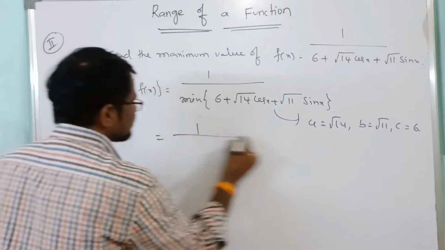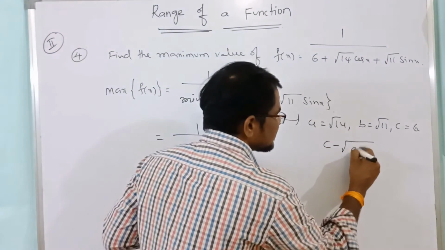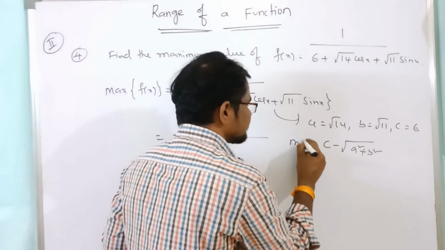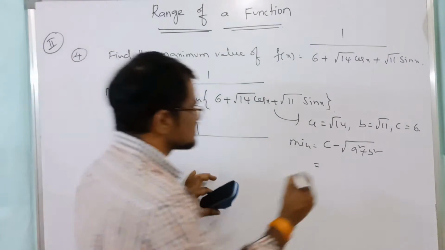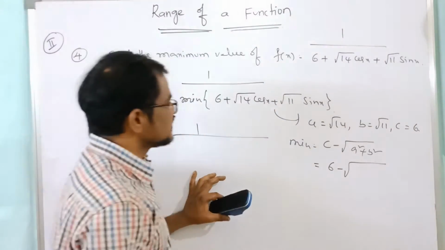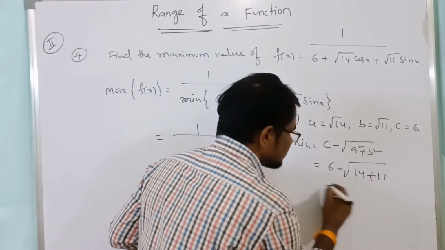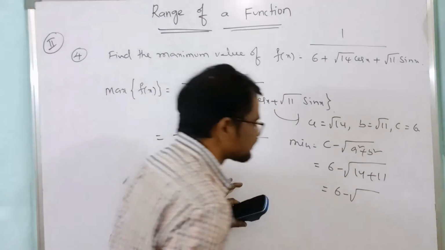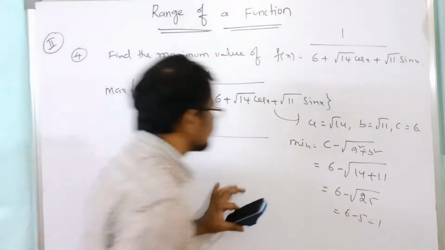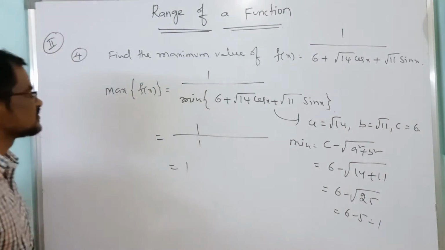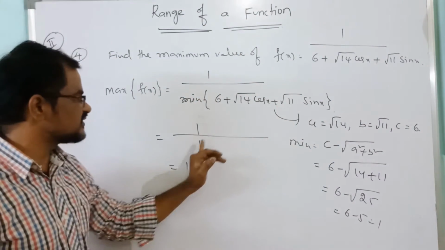Now how to find the minimum value? c minus root of a square plus b square, that is 6 minus root of 14 plus 11, that is 6 minus root 25, that is 6 minus 5, that is equal to 1. So the maximum of the given function is 1 by the minimum of the denominator, and the minimum of the denominator is 1.